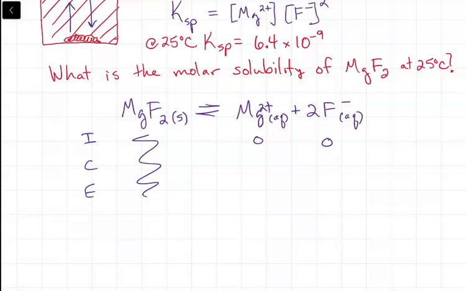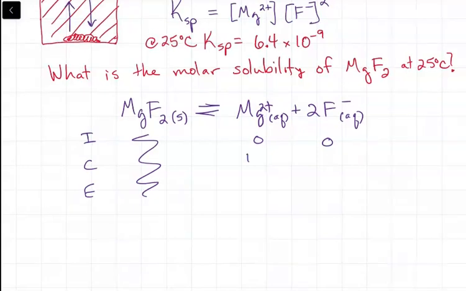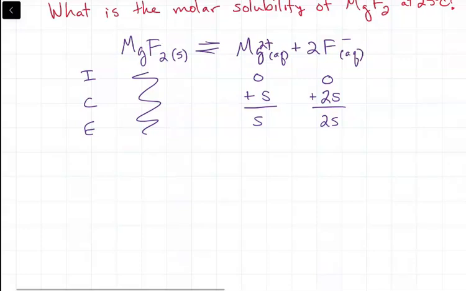So instead of saying that it goes up by X, we're going to say that it goes up by S, just because that's sort of the convention for solubility. All right, and then, of course, that means that the F- is going to go up by 2S, right? And so this becomes 2S at equilibrium, and this becomes just S. And then I can go ahead and set it equal to my Ksp.